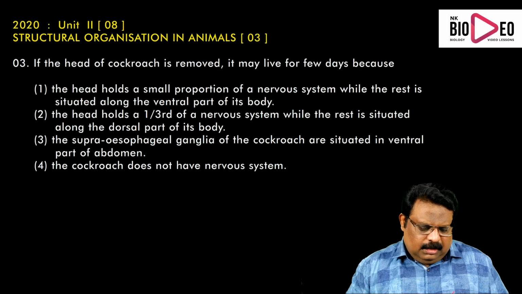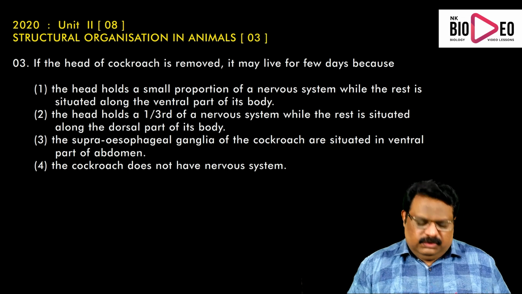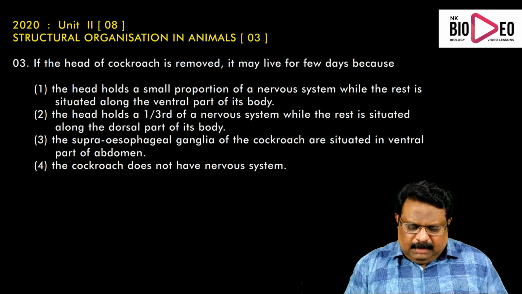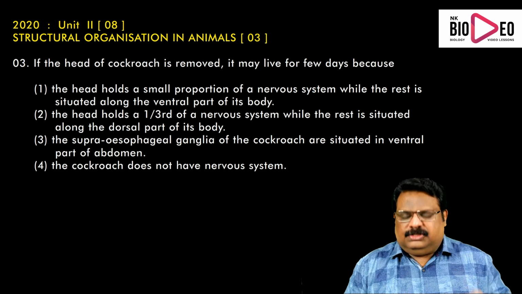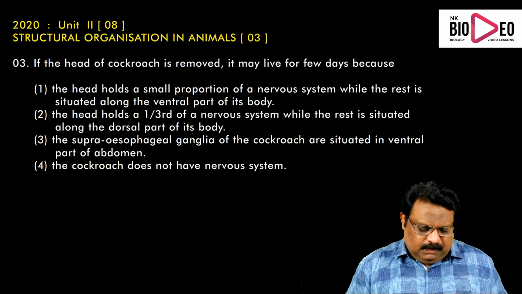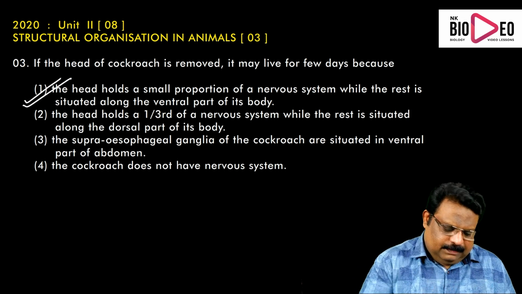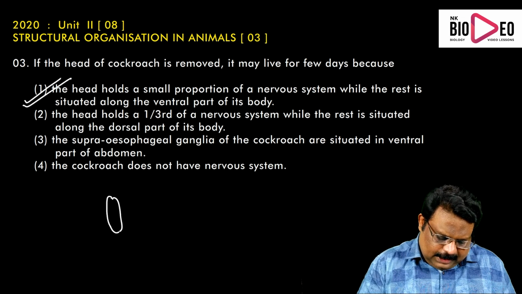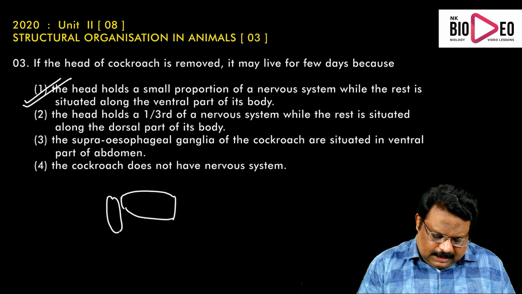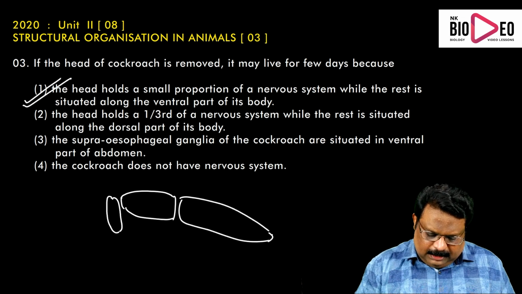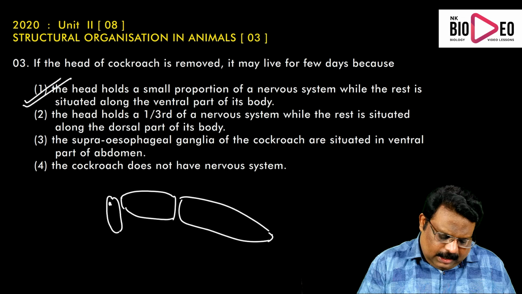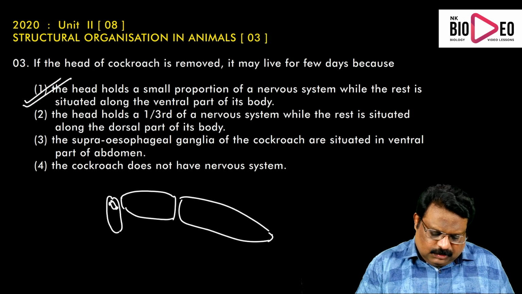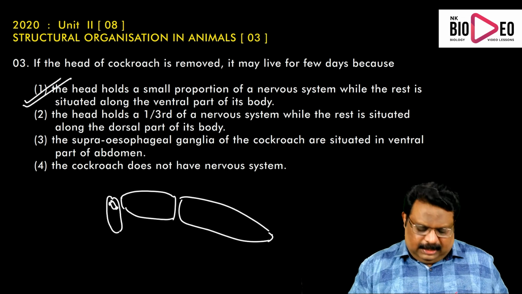Now, the last question from the structural organization in animals, from cockroach. If the head of cockroach is removed, it may live for a few days because. So, it's a direct question from textbook. The head holds a small proportion of a nervous system while the rest is situated along the ventral part of the body. That is a right statement. So, in the case of cockroach, we can see that this is the head region, this is the thoracic region, and this will be the abdominal region. Okay. Only the nerve ring and the supraesophageal and subesophageal ganglia will be there inside the head region.